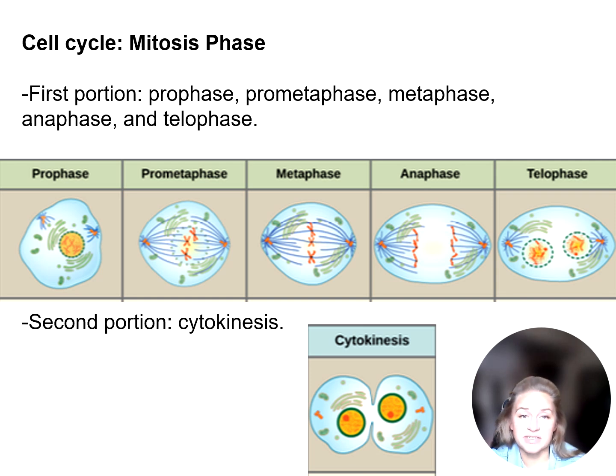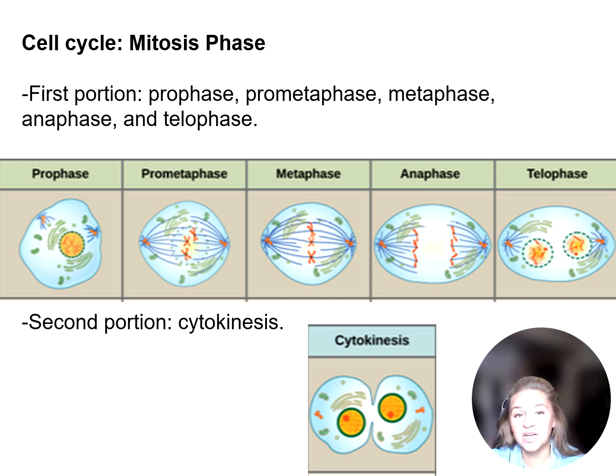So here's mitosis. It goes from prophase to prometaphase, prometaphase to metaphase, metaphase to anaphase, anaphase to telophase. When we look at this in lab, we're going to see cells that are in all different stages of mitosis, and this would be a good slide to reference back to for you to be able to identify what cells are in what phase of mitosis.